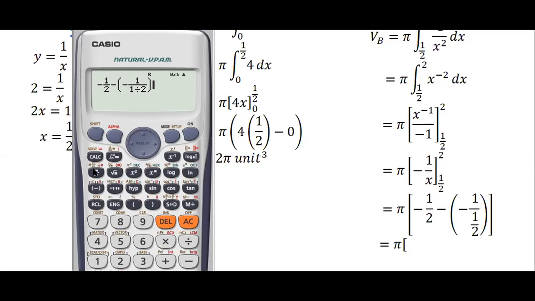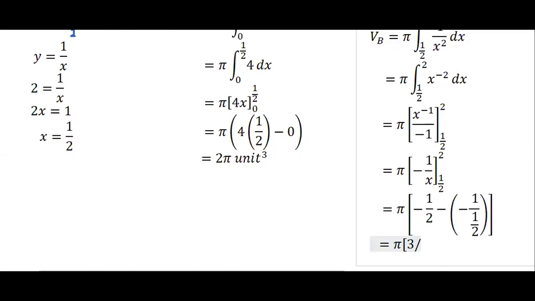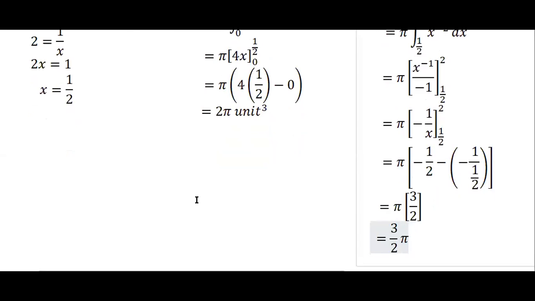What did you get? You get fraction, pecahan punya. Three per 2, 3 per 2, betul. Okay, kamu akan dapat 3 per 2, 3 per 2. So answer of course is 3 per 2 pi, 3 per 2 pi.